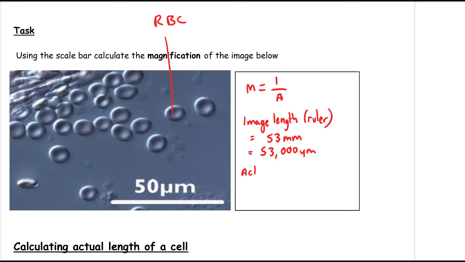The actual length is usually written on the scale bar, and it is 50 micrometers. So to work out the magnification, you take the image length, which is 53,000, divided by 50.